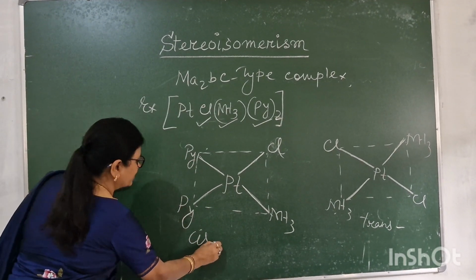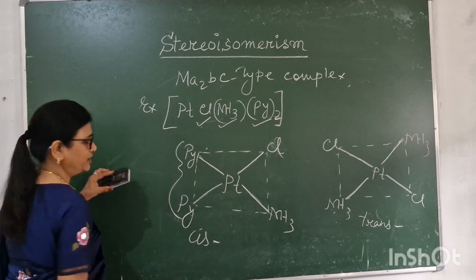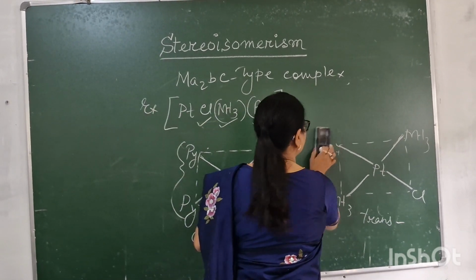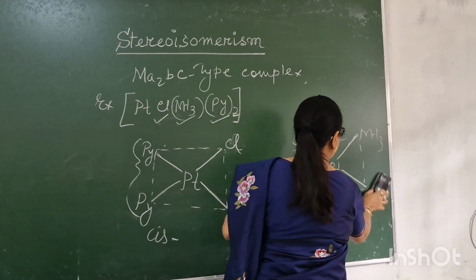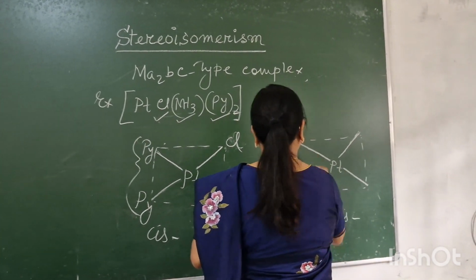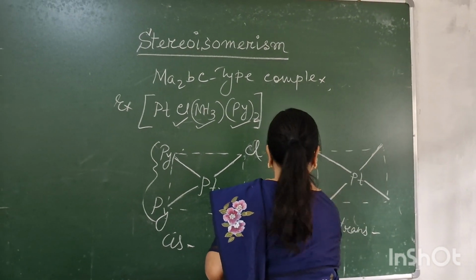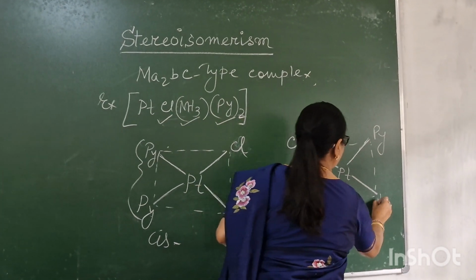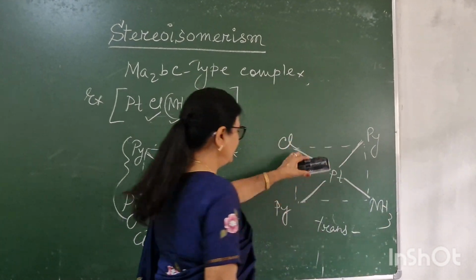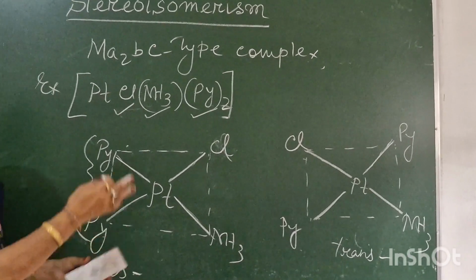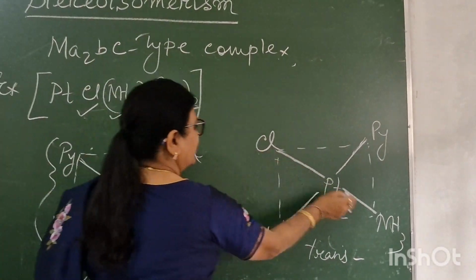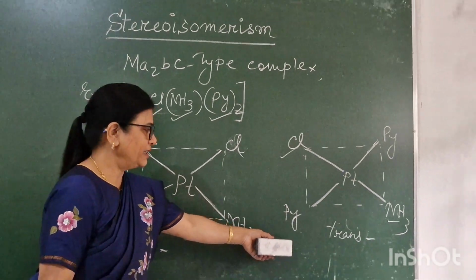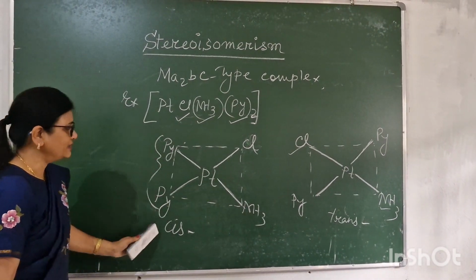This is the cis complex where the 2 pyridine ligands are adjacent to each other. The trans complex will be this, where you see 2 pyridine ligands are opposite to each other, and these are different, amine and chlorido. This will be the trans complex. This will be the cis complex.